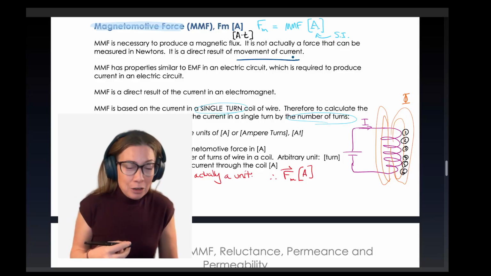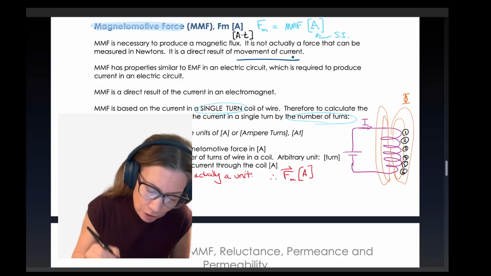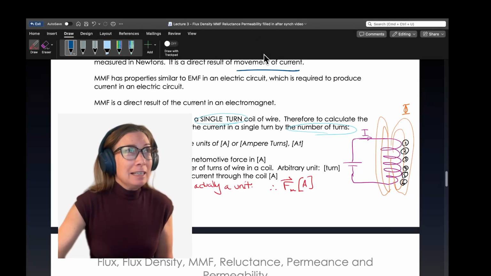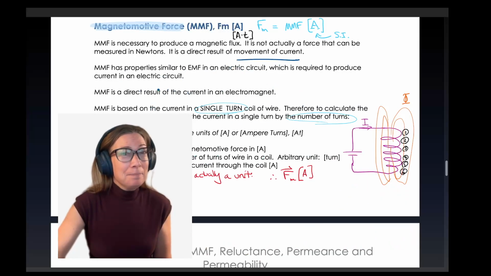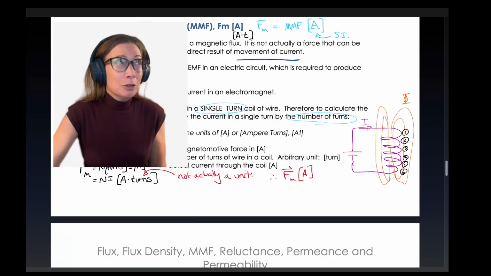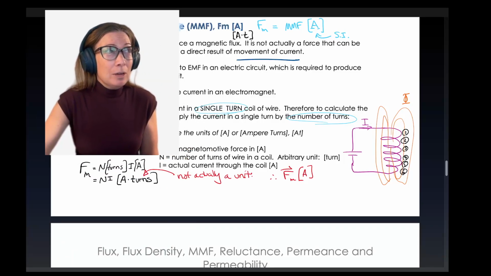MMF is based on the current in one single turn of wire. So to calculate the entire MMF in a magnetic circuit, you have to multiply by the number of turns in that circuit.